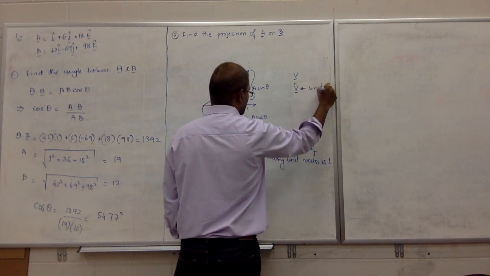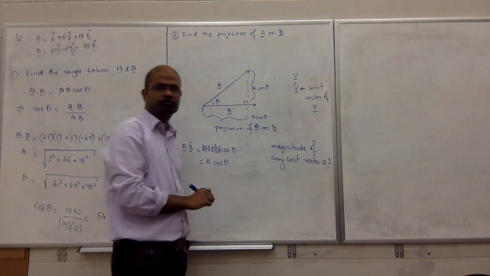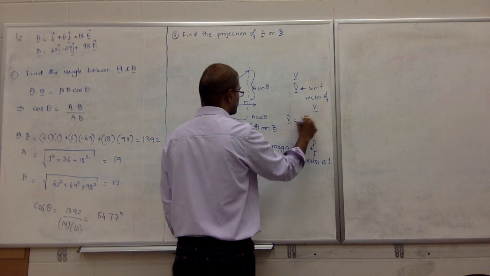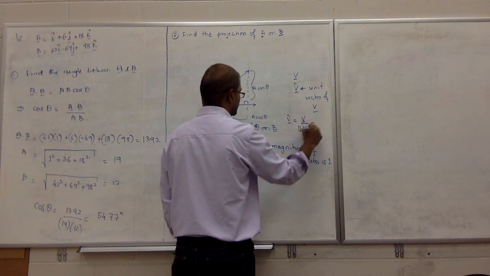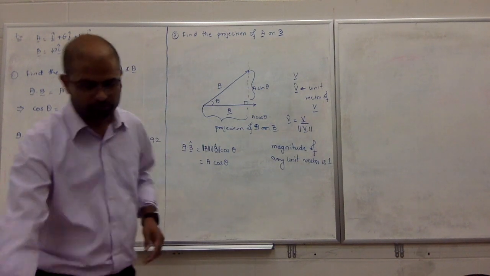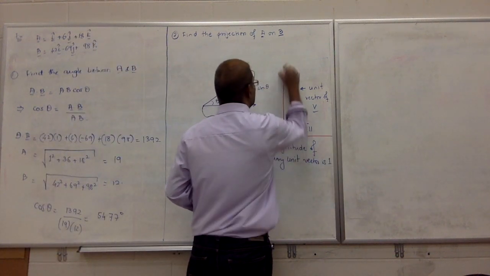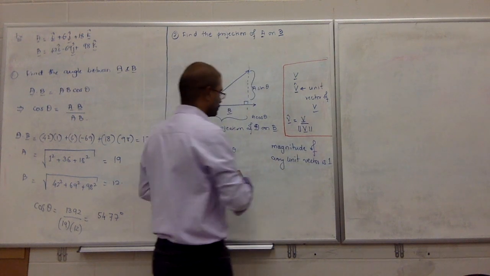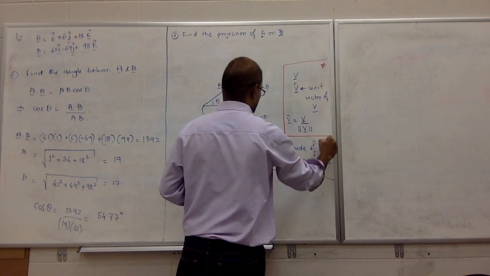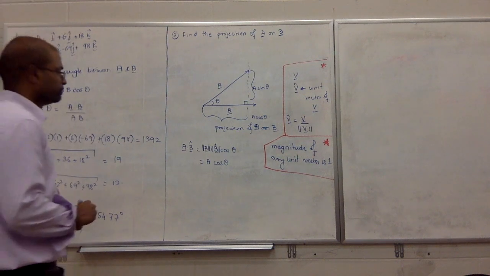Unit vector of B. And how is this defined? All this has been done in lecture 1.